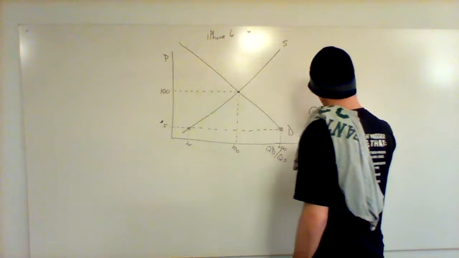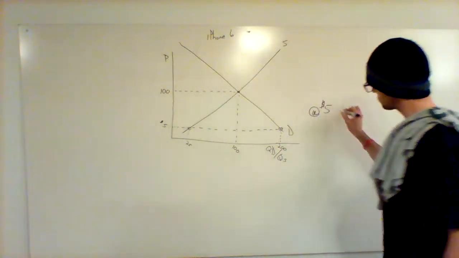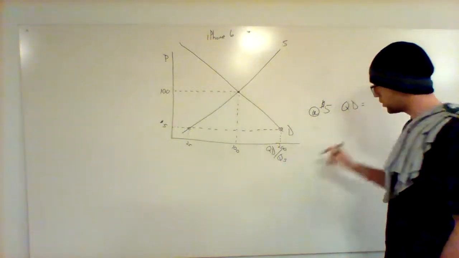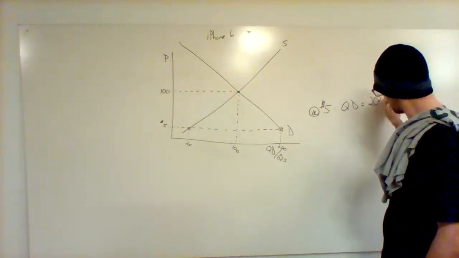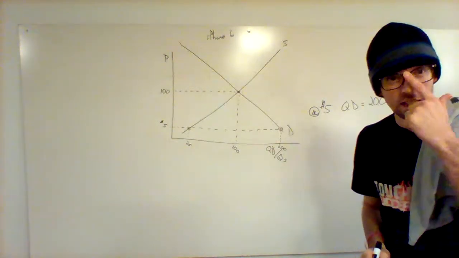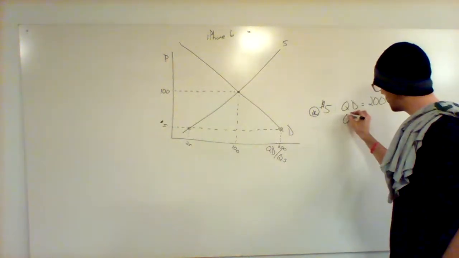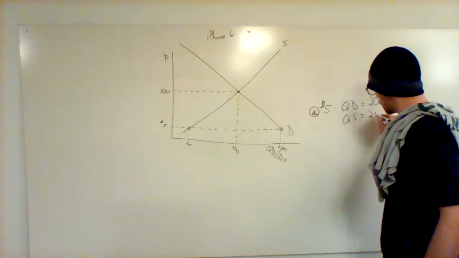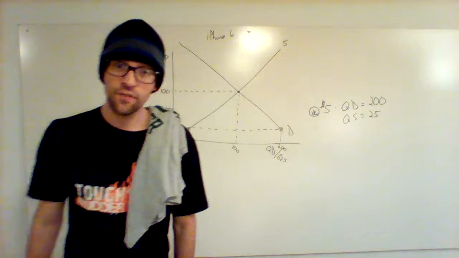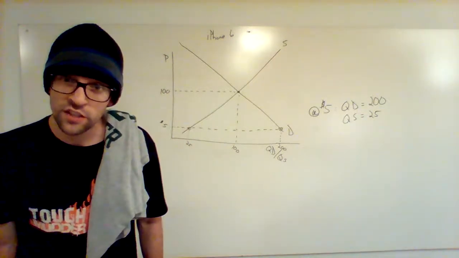At $5, your quantity demanded equals 200, but your quantity supplied is 25. That makes for a difference of 175.